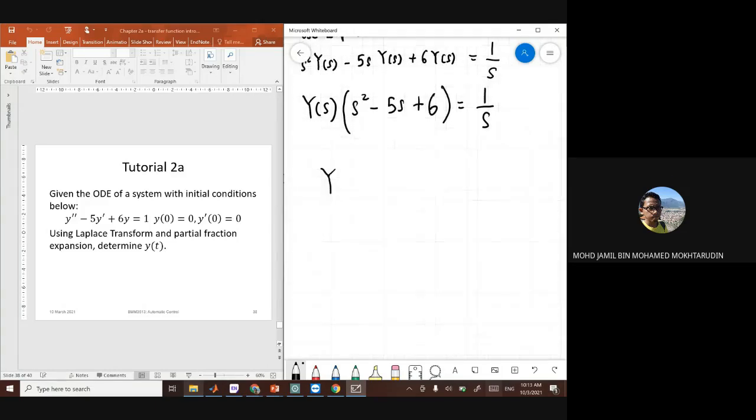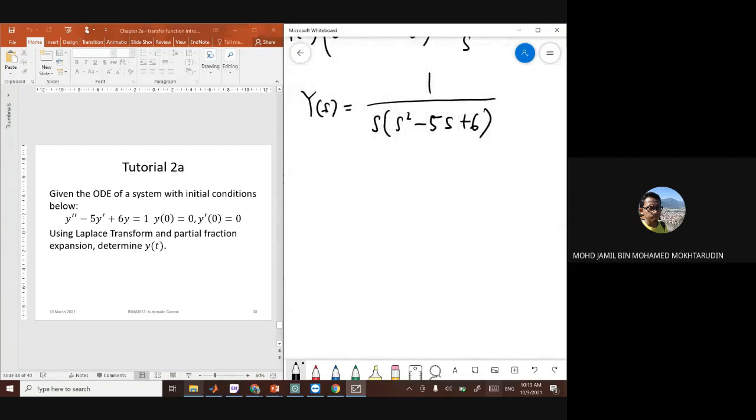Then Y(s) equals 1 over s times (s squared minus 5s plus 6). And then what you need to do next is factorize the fraction before you can do partial fraction expansion. So from here you get s times (s minus 3)(s minus 2).